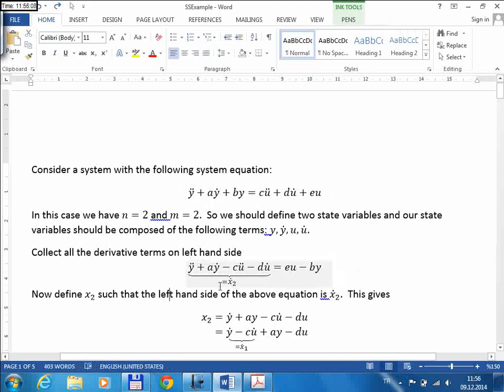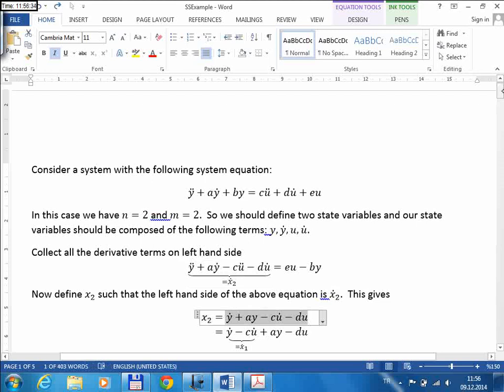So here's how I define my second state variable. I define my second state variable such that its time derivative is equal to all these terms here. So that means x2 itself should be the integral of that. And here's how I define x2. If I integrate y double dot, it becomes y dot plus ay minus cu dot minus du. Okay, so this is my second state variable.